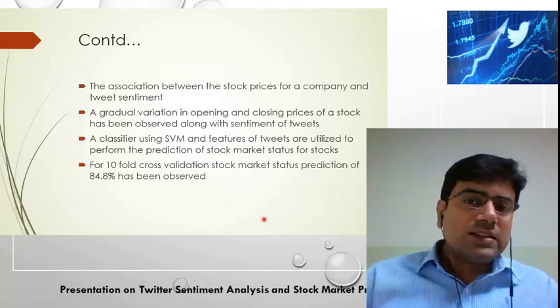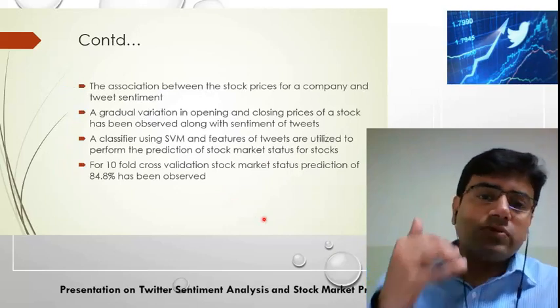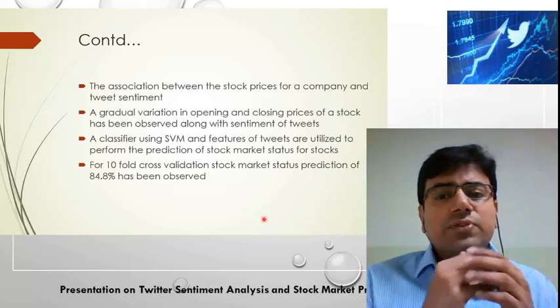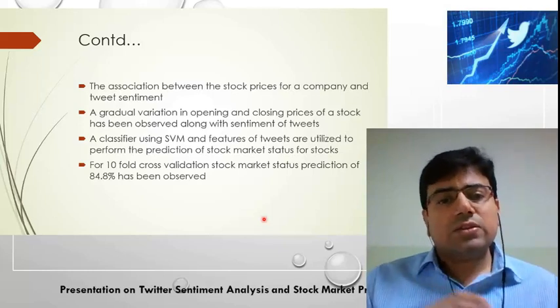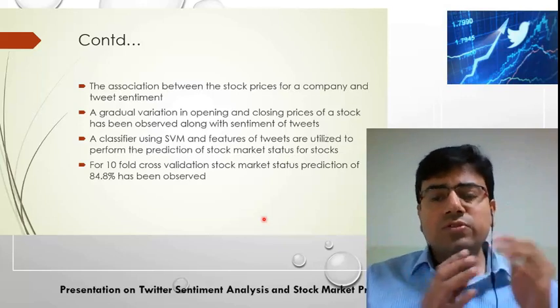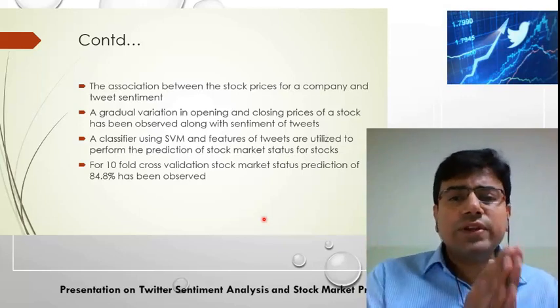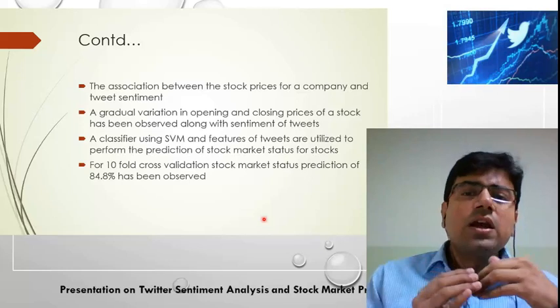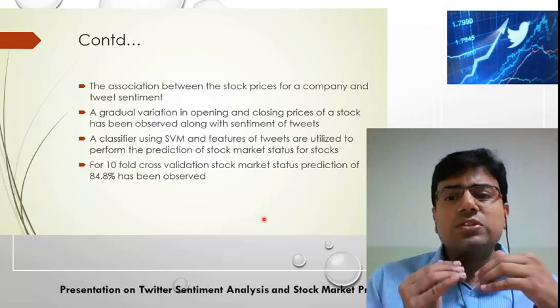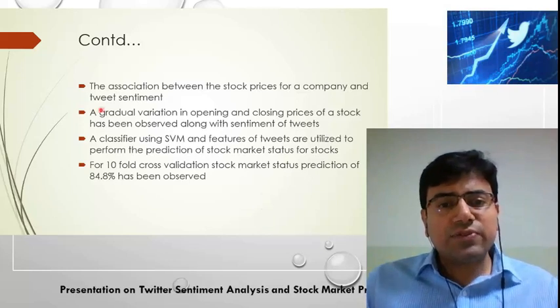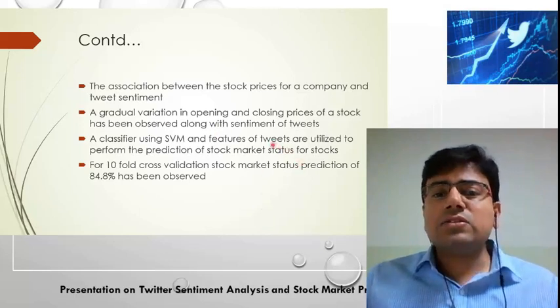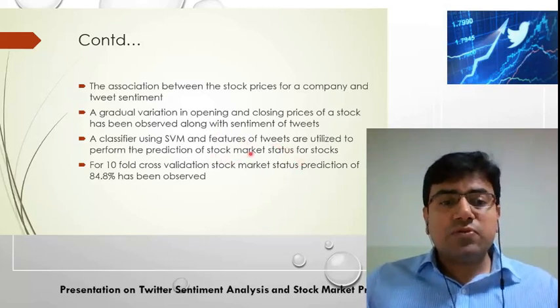Further, we found that there is an association between how the people are giving feedback in tweets and the stock prices. So we exclusively used tweet related information and used it for the stock market status prediction. The support vector machine is used as a classifier, and the stock market prediction is performed.